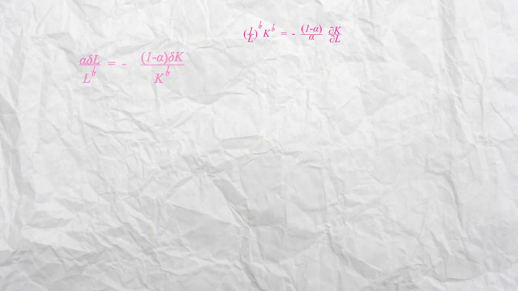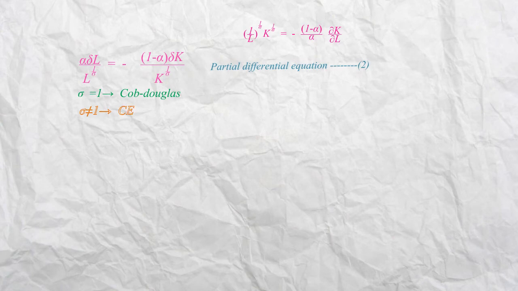This is the partial differential equation we are looking for. By taking sigma as 1, the resultant solution will be the Cobb-Douglas production function. And in all those cases where sigma is not equal to 1, the resultant solution will be the constant elasticity of substitution production function.